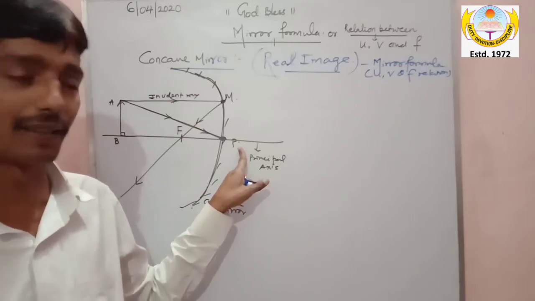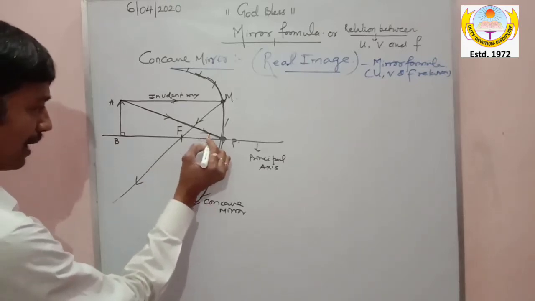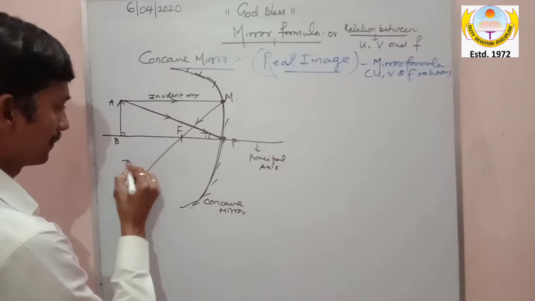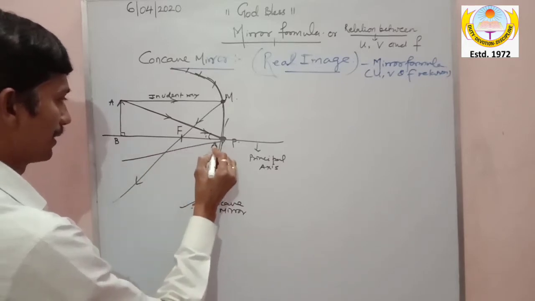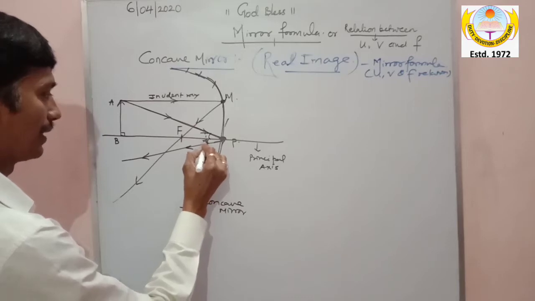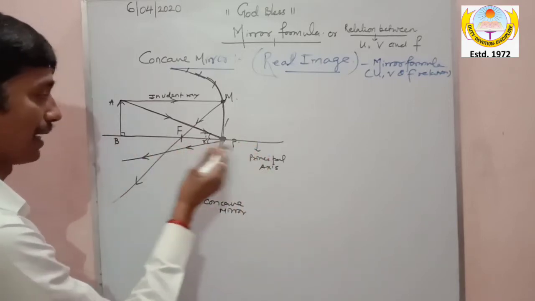Directly at the pole the light is coming. And since the same formula, angle I and angle R, it will be reflected over here, like this, with the same angle of R, and this line, the principal axis, will act as the normal because it will act as a radius.